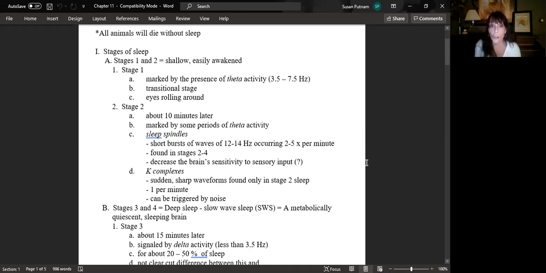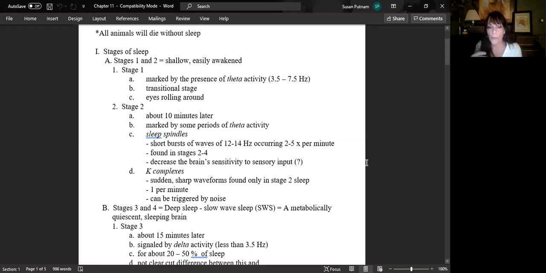Also, in stage 2, we see K complexes. These are sudden, very sharp waveforms, and these are found only in stage 2 sleep. So there's a differentiation between sleep spindles and K complexes. They occur about 1 per minute. You can actually trigger K complexes by noise.